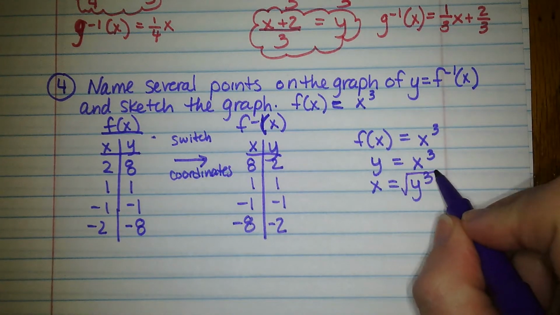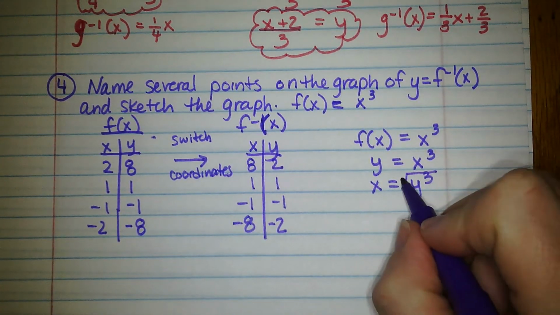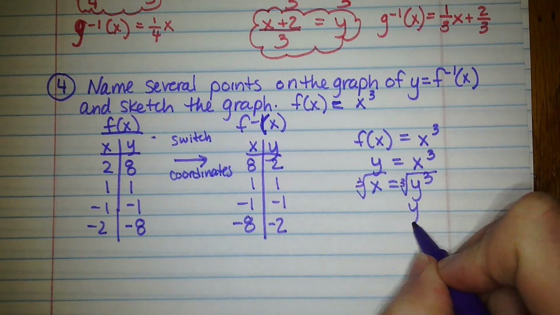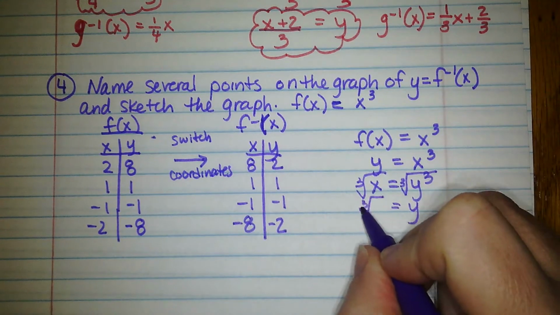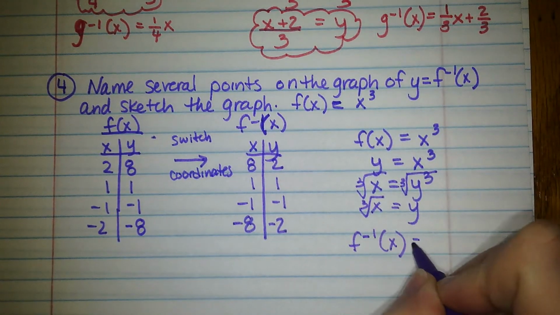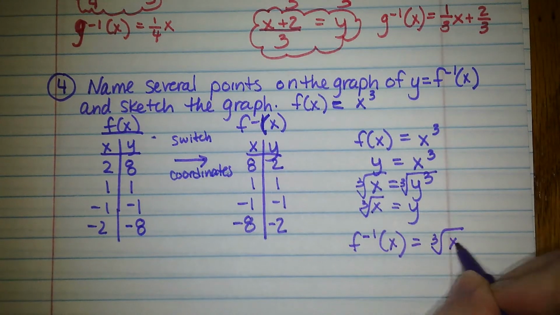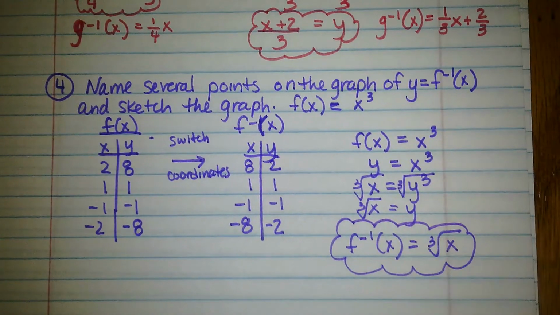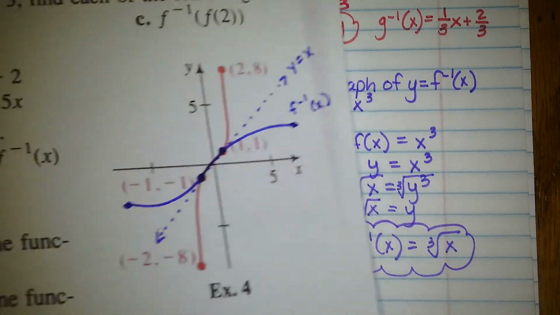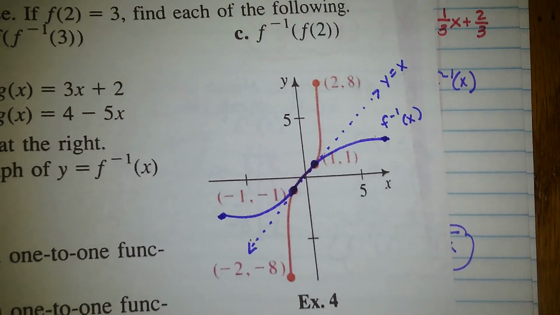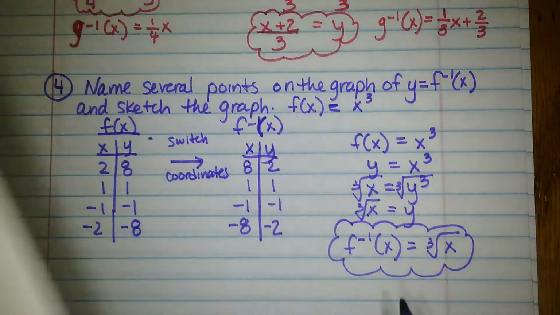And the only way to inverse a cube is to take a cube root. So y equals the cube root of x. So f inverse of x is equal to the cube root of x, and this is actually the equation of our cube root function. So there you go.